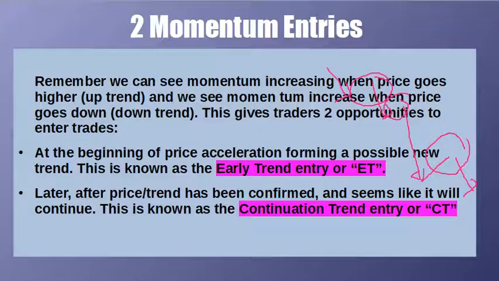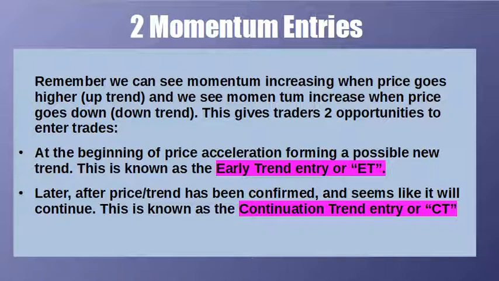And we have two momentum entries. Remember, we can see momentum increasing when price goes higher in an uptrend, and we see momentum increase when price goes down in a downtrend. Often momentum starts the downward trend, so momentum is increasing as well.